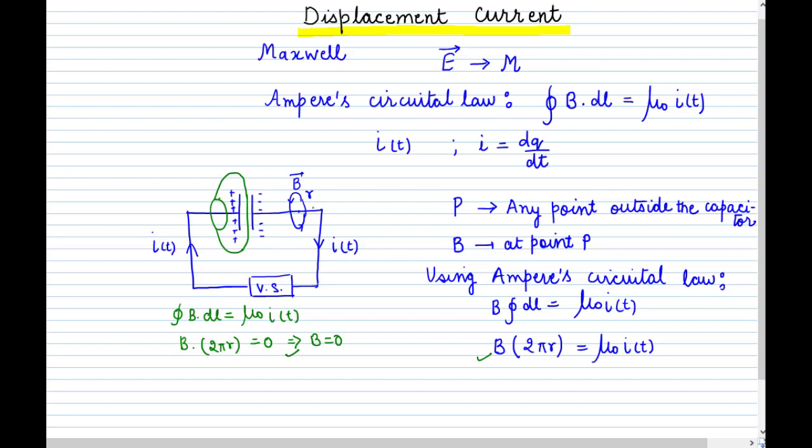Because in the first case we have taken a circular loop and we are getting a magnetic field, and in the second case we have again taken a circular loop but it is passing between the plates of the capacitor, and we are getting the magnetic field as 0. So these two magnetic fields we have calculated should be the same. So we have to find that term which is missing. So let us proceed, let us find out what term is missing.